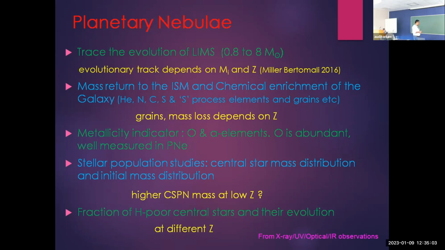I'll explain why later. And we have another crucial question to address: whether this star will end as a hydrogen-rich central star or a hydrogen-poor central star. How it happens, where its evolutionary track deviates from the hydrogen-rich central star. These are not known so far; the answers to these questions are not known.